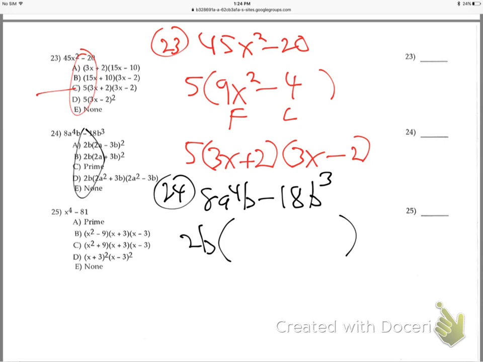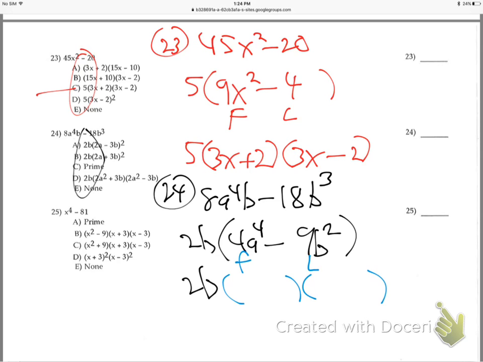Okay, so 2b times 4a to the 4th. Minus 9, 2 times 9b squared makes 18b cubed. Good so far? Now the 2b stays in the front. And what we have left is the FL, which says front times front to be 4a to the fourth.